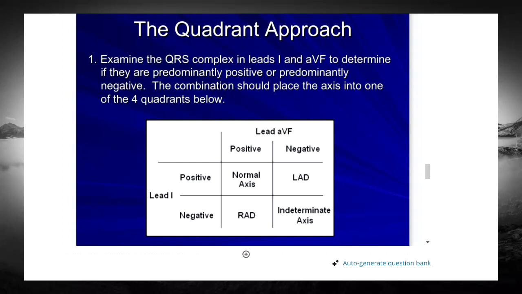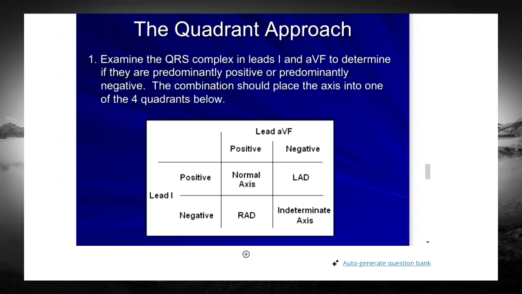Your right thumb is going to be the most right, the second column. AVF is the last lead of the first 2 columns. Remember, the first 2 columns are our limb leads, the ones we put on there: 1, 2, 3, AVR, AVL, AVF. So lead 1 is the top one, AVF is the bottom one, and our right is AVF, our left is 1.